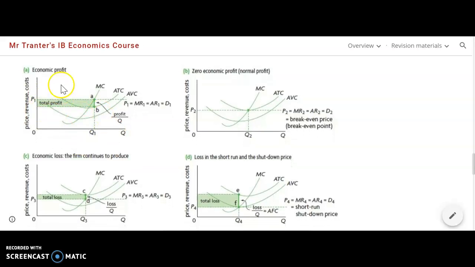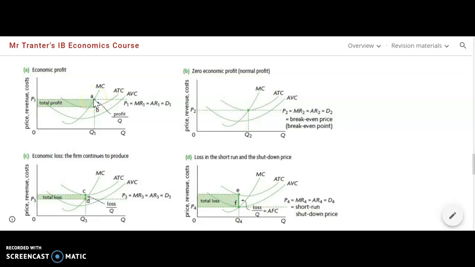So this is the first diagram, and this is probably the most common diagram for short run perfect competition. We are producing where MR, marginal revenue, this line here, is equal to MC, marginal cost. In other words, we are producing Q1 units.